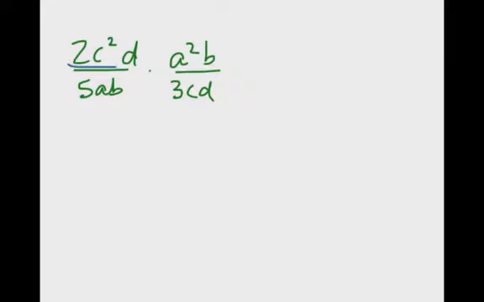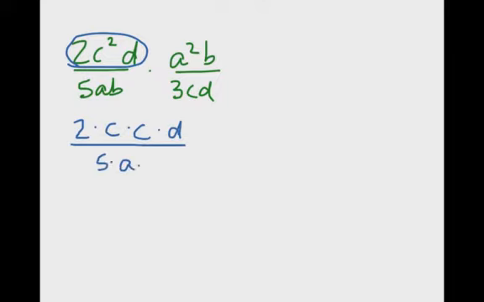If we want to simplify 2c squared d, 2 is a prime number, so we're just left with 2. We can rewrite our c squared as c times c, and then our d. Then 5ab cannot be simplified anymore. And then we have a squared b as a times a times b, and 3 times c times d.